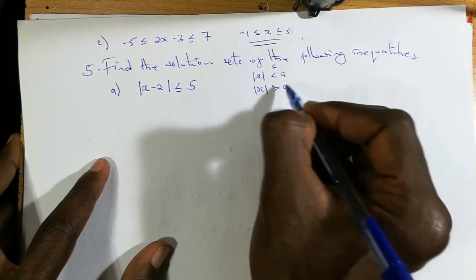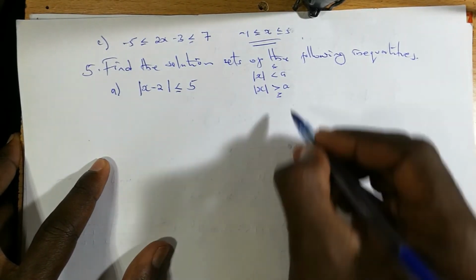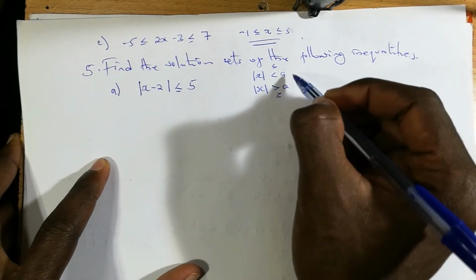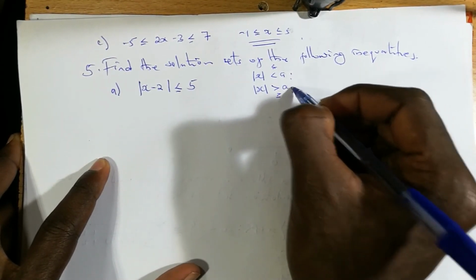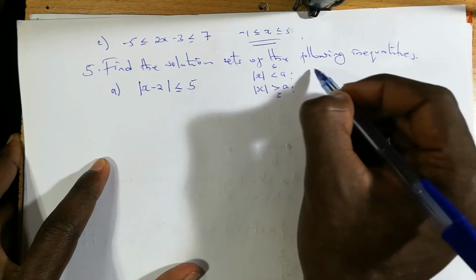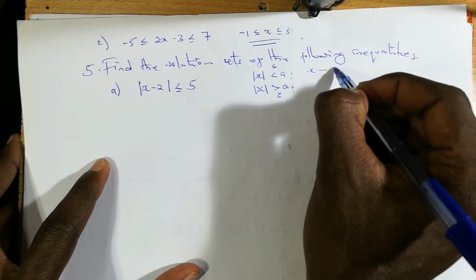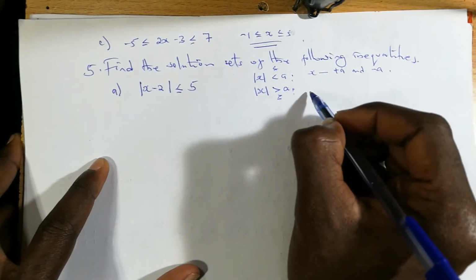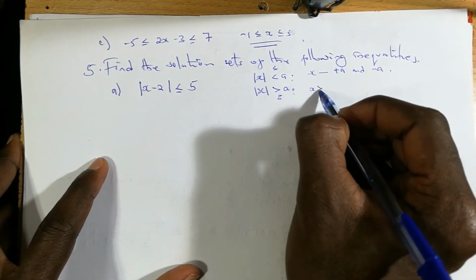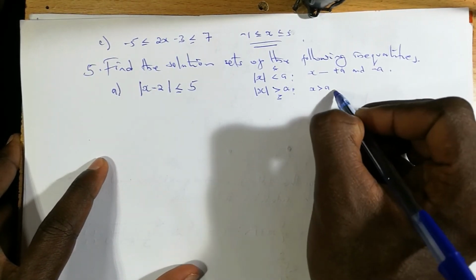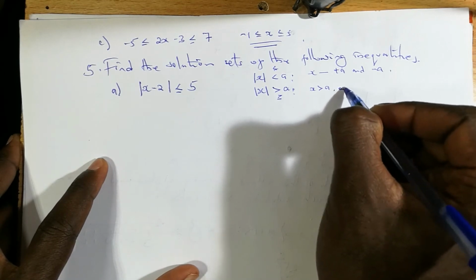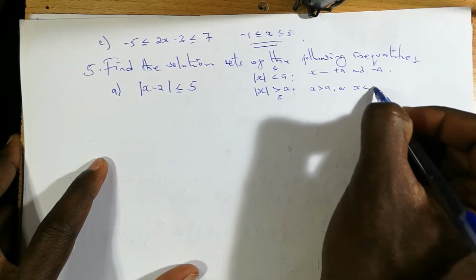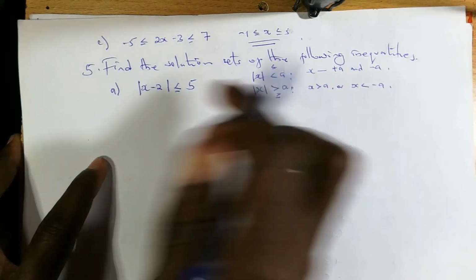We noted conditions that satisfy this. For less than, x should lie between the positive value of a and the negative value of a, while for greater than, x was supposed to be greater than the positive value of a or less than the negative value of a. So that's the same thing we're going to apply here.